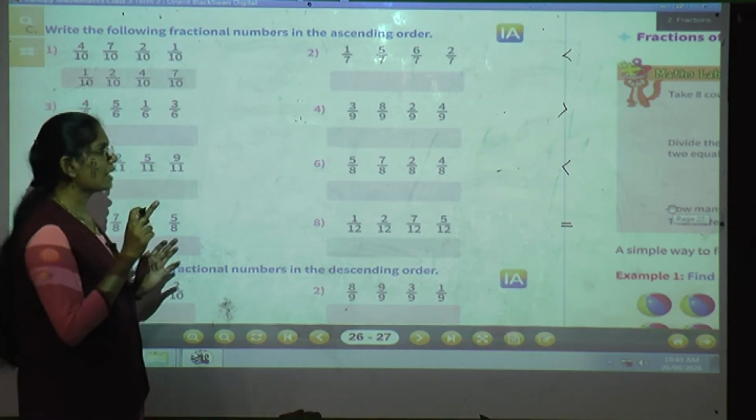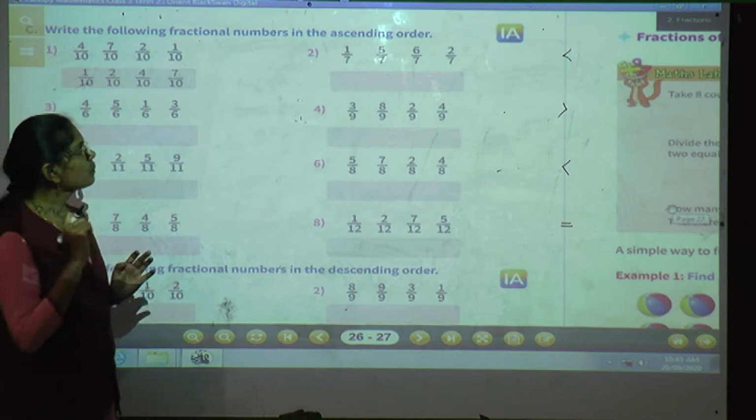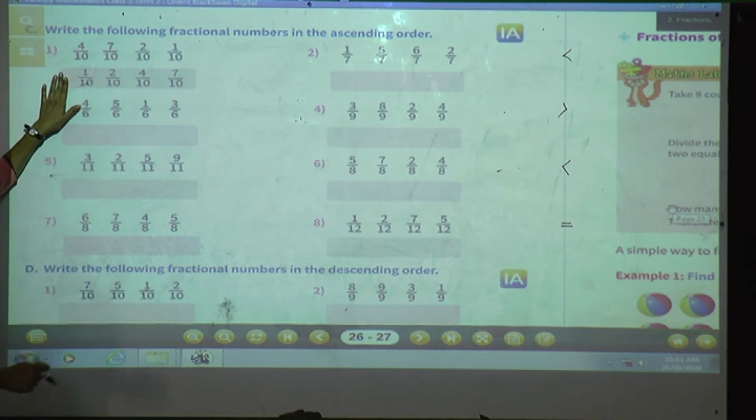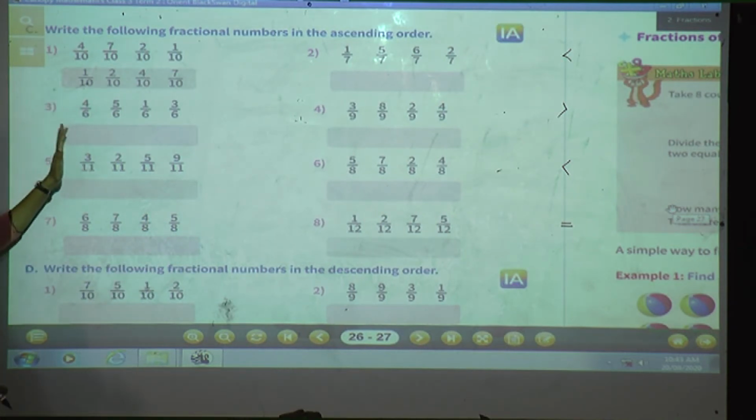You have to keep in your mind, ascending means smallest to biggest. Now this first one has been solved. Now we'll move to the third example. See the fractions 4 by 6, 5 by 6, 1 by 6 and 3 by 6. Now these fractions we have to arrange in ascending order, means from smallest to biggest.